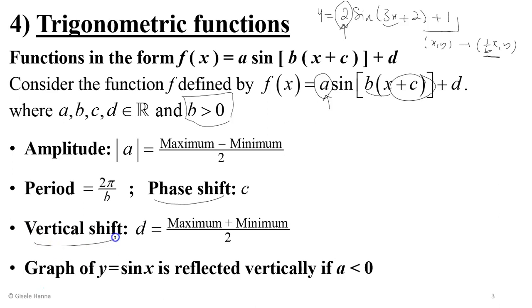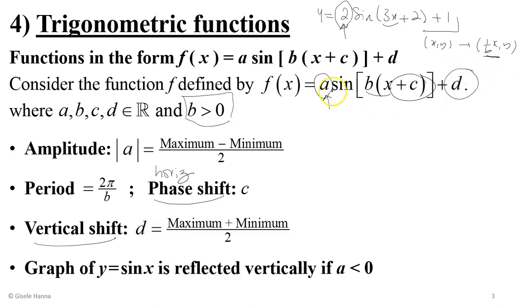The phase shift could also be denoted as the horizontal shift. So the horizontal shift is the same as the phase shift, but they do call it a phase in applications in physics.